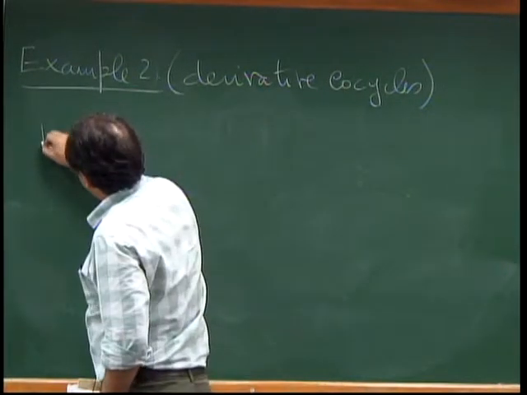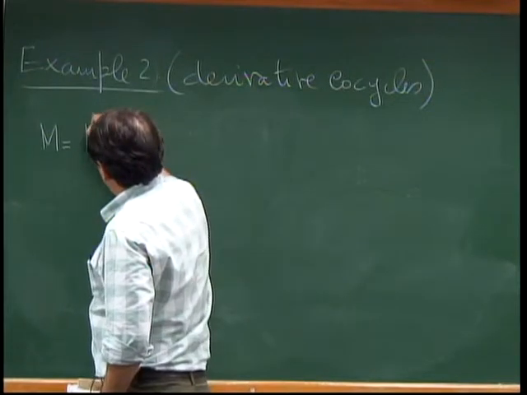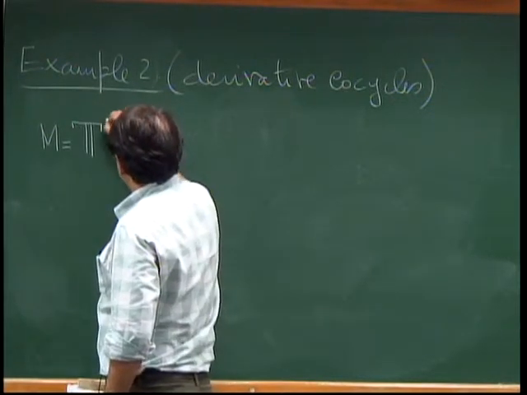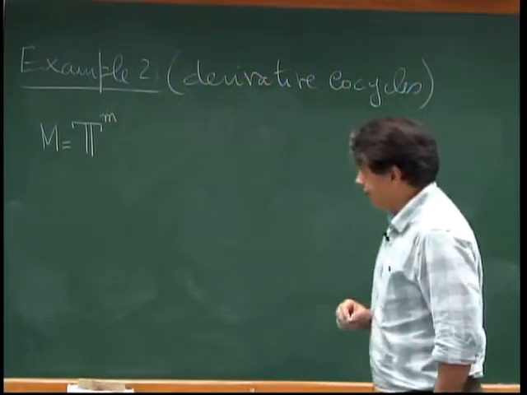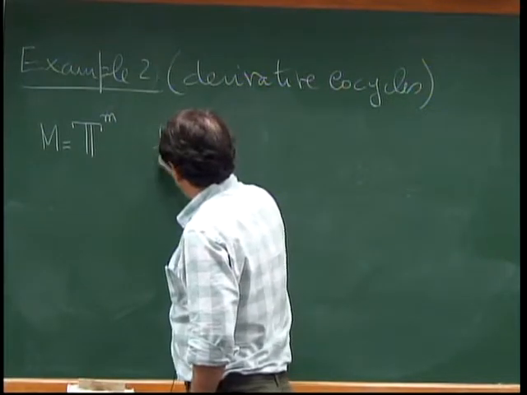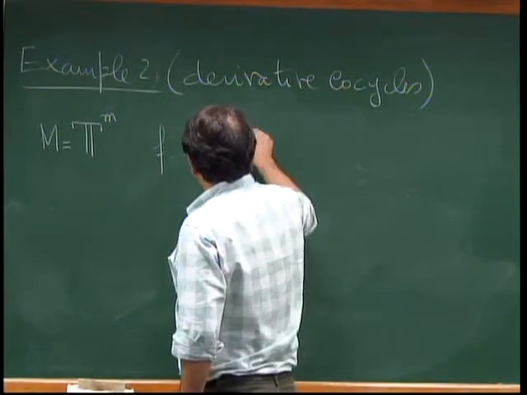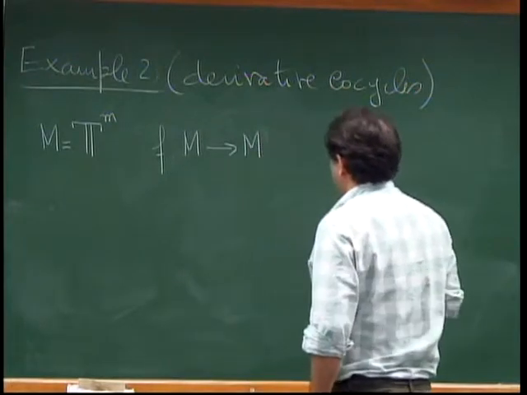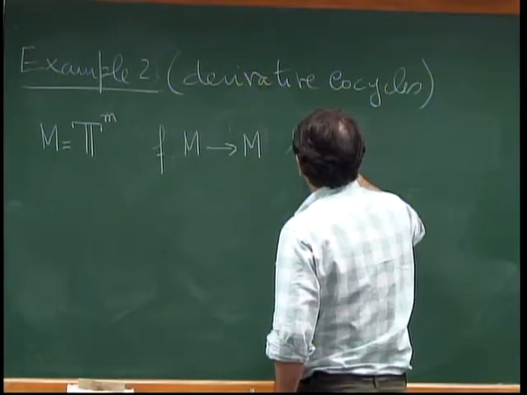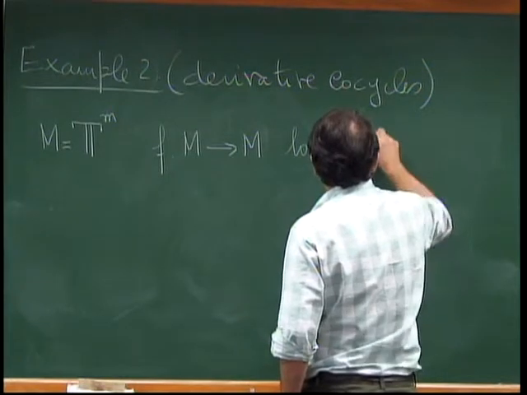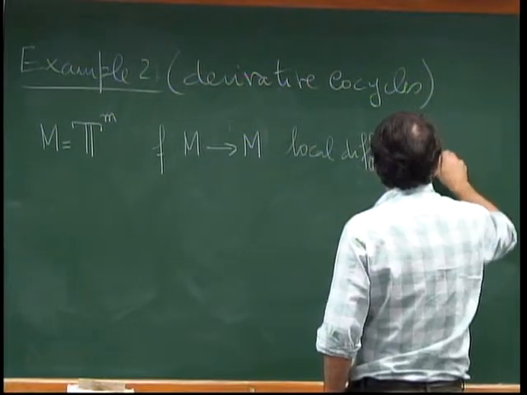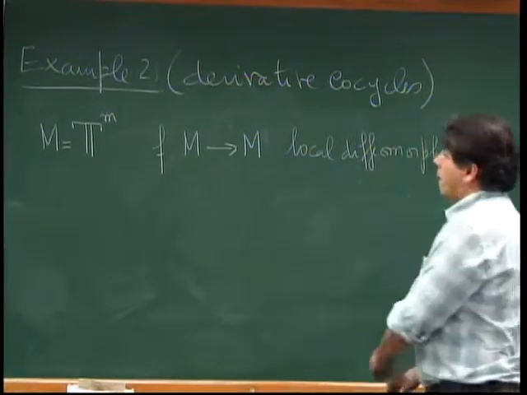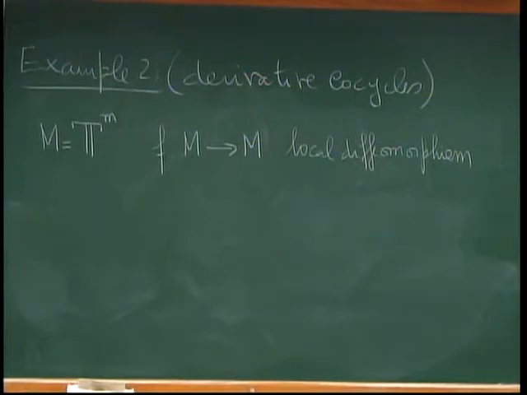Take M to be a torus, TD. Not D, TM. Any torus. And F from M to M to be a local diffeomorphism. So the map is not necessarily injective, but the derivative exists and is an isomorphism at every point.